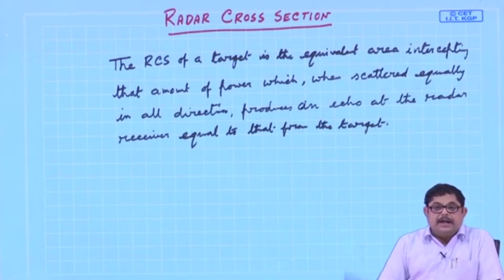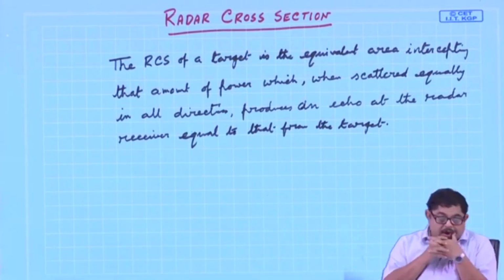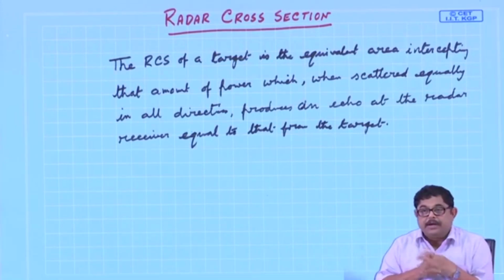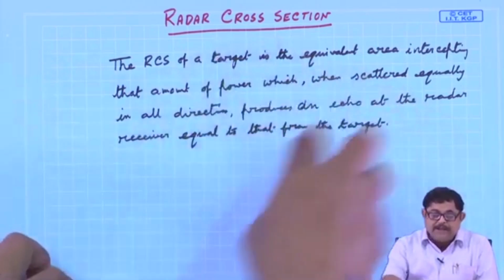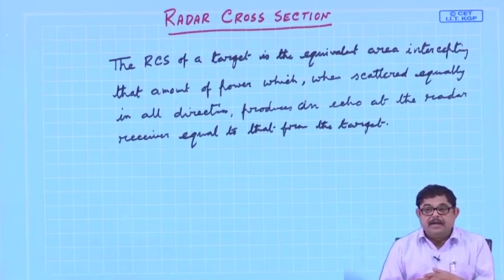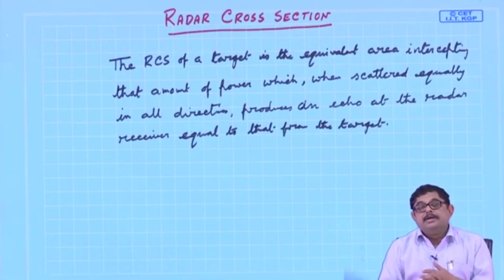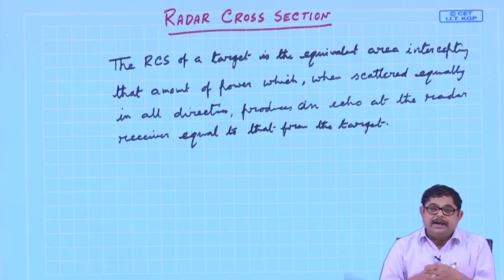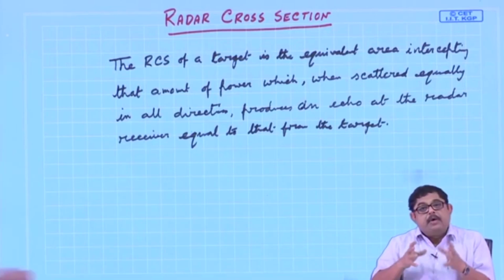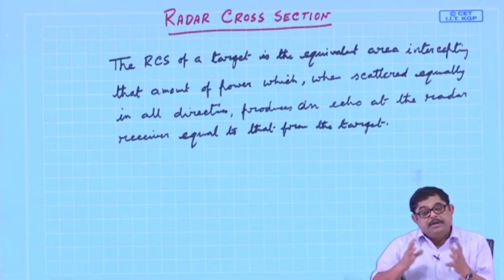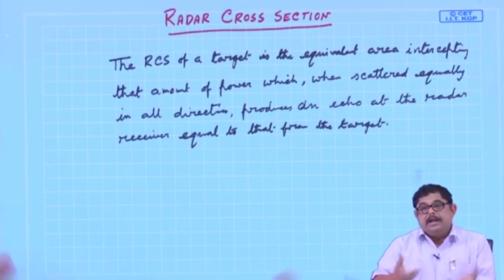Now, let us understand. The radar cross section has two fundamental properties, and they are captured in the definition. Cross section means it is an area, but as I said in the range equation discussion, it is not the physical area, it is the electrical area which the radar sees. Any antenna also has a similar concept, the effective area.